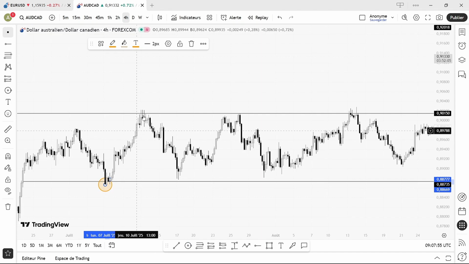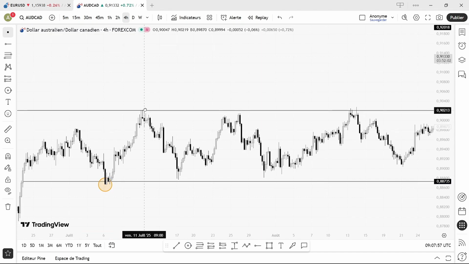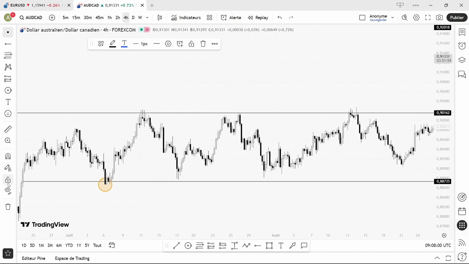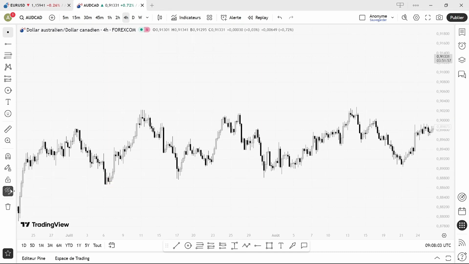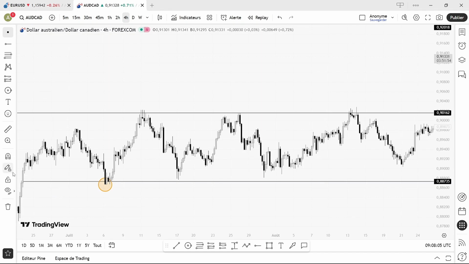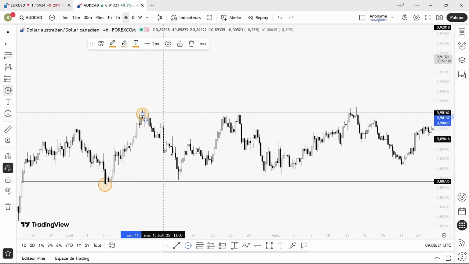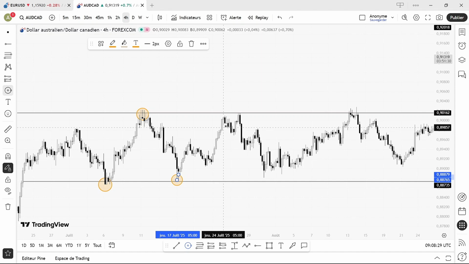Once it gets here, the sellers are introduced into the market. Once it gets on this level, which is a resistance level, sellers are introduced into the market and they push the market further down. Once it gets on this support here, the buyers also are introduced into the market, thus pushing the market up again.